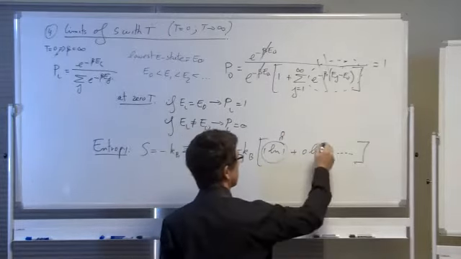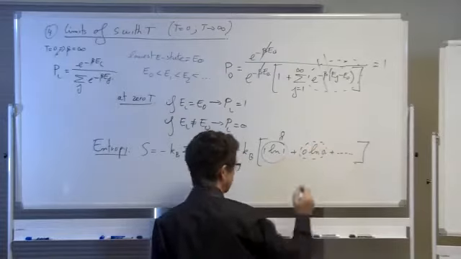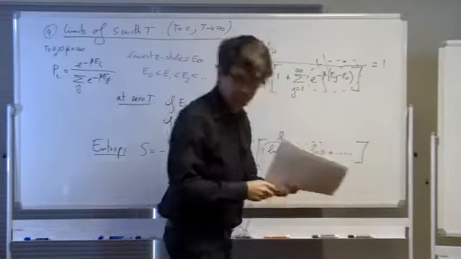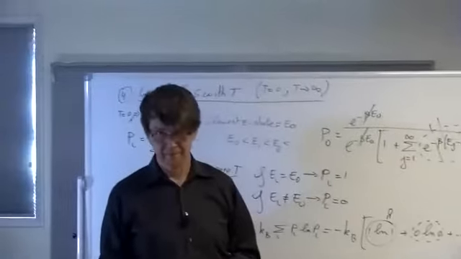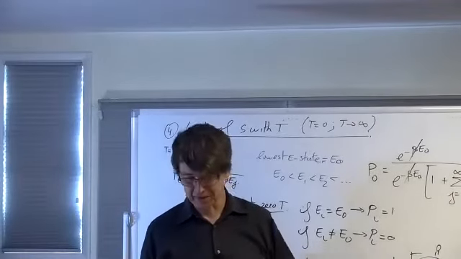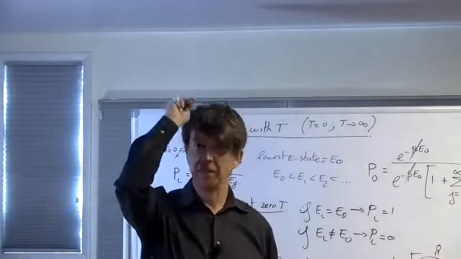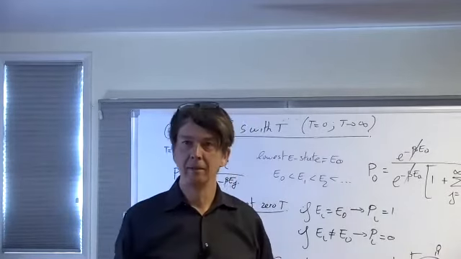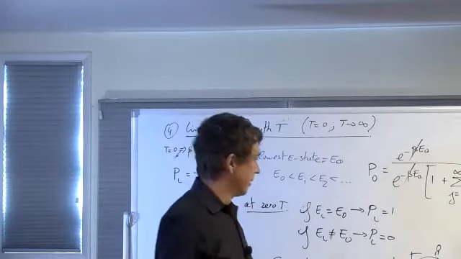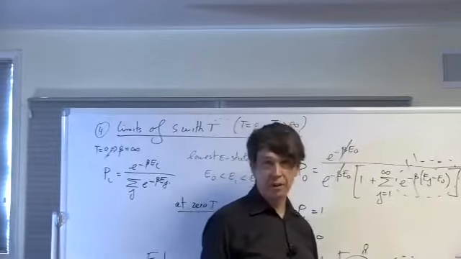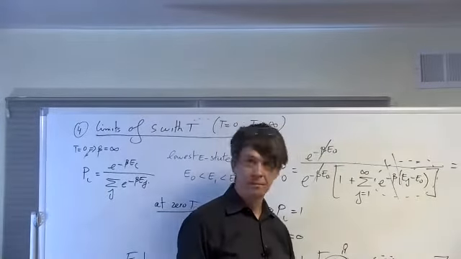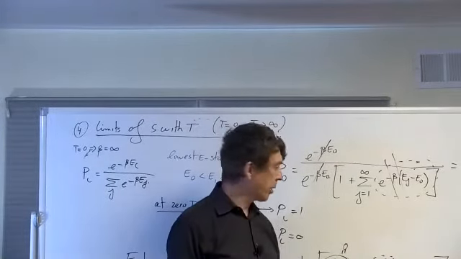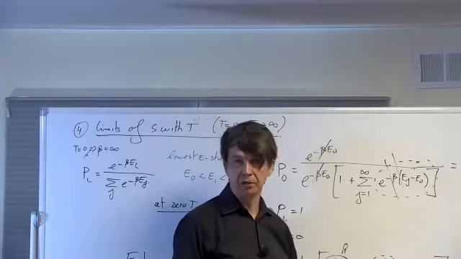What's 0 log 0? This is an important thing to know in this class from now on. Log 0 would be minus infinity, right? But any power is stronger than the log as it goes to 0. So 0 log 0 is 0.